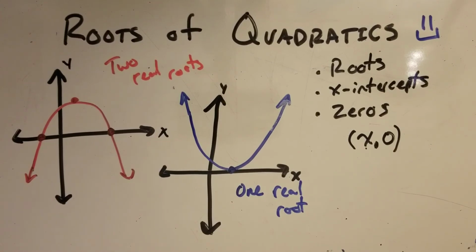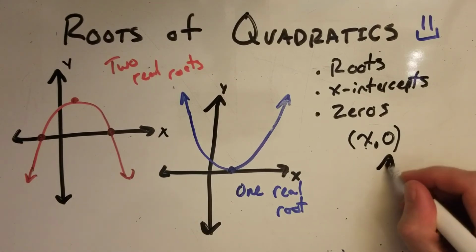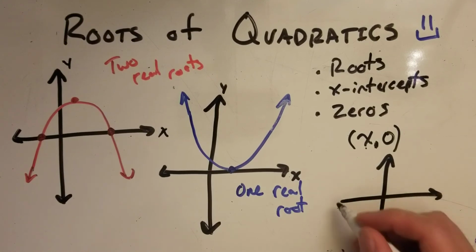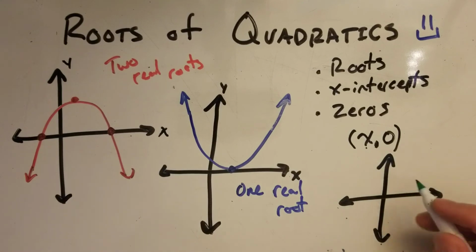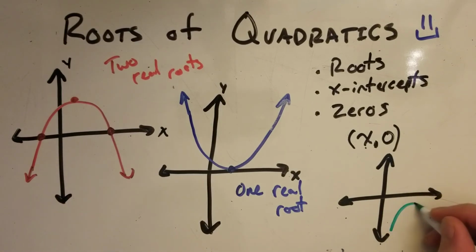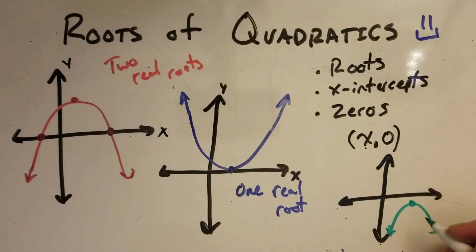And our last possibility, let's make a nice little small one over here. Let's say we have this parabola like this. It has a nice maximum right here. Since this is the maximum value, you're never going to go above that, meaning you never touch the x-axis.